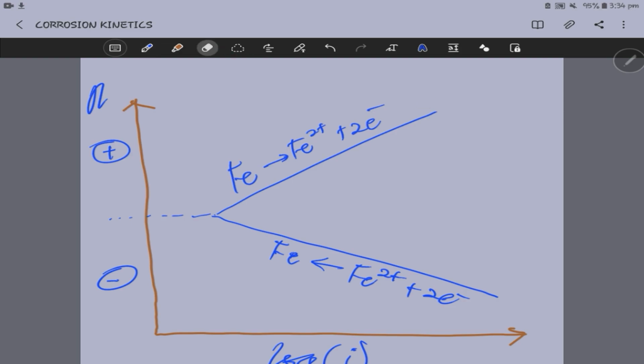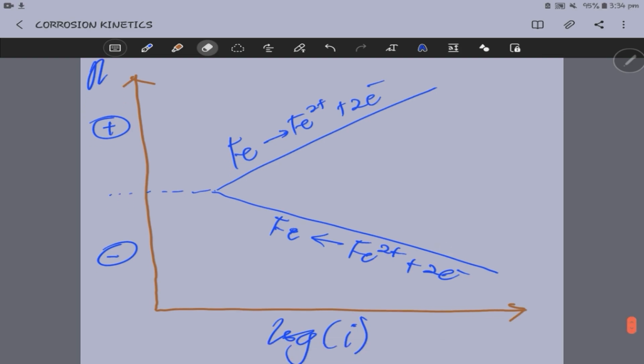So when we do this, this is the behavior, the response current density that we get. You can see that these two lines each have their own slope. This one clearly has a positive slope, which we will look at later. That slope is what we use in this experiment, which we call Tafel extrapolation.